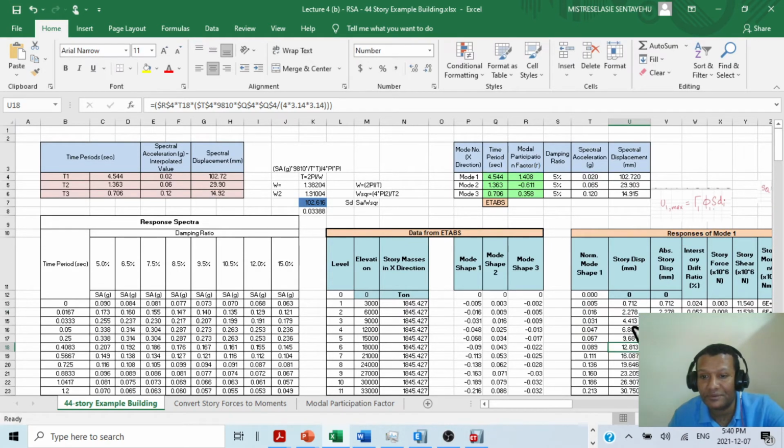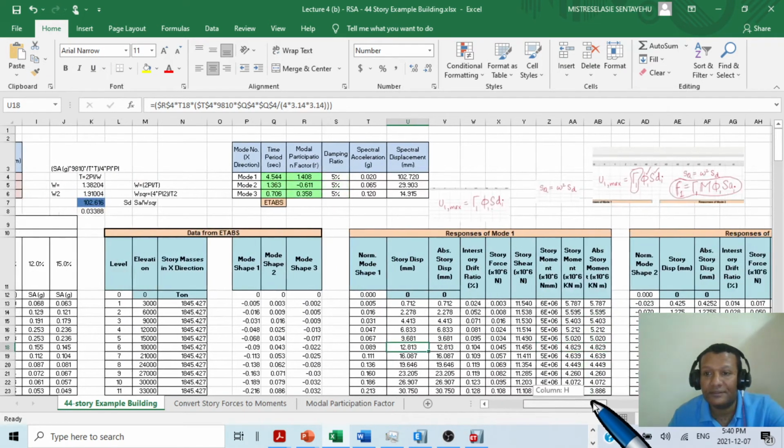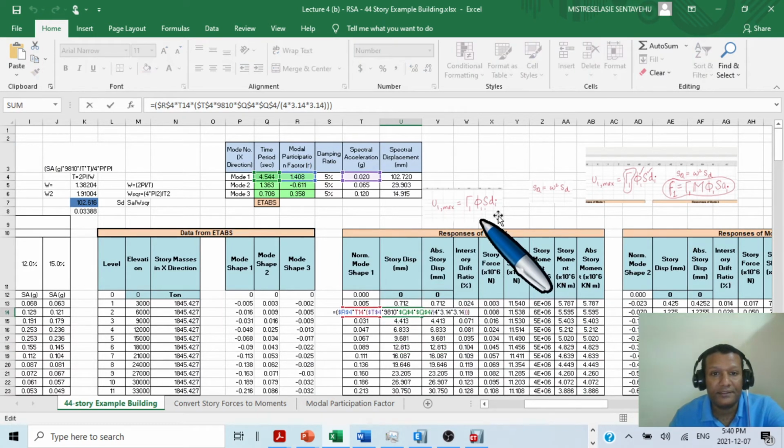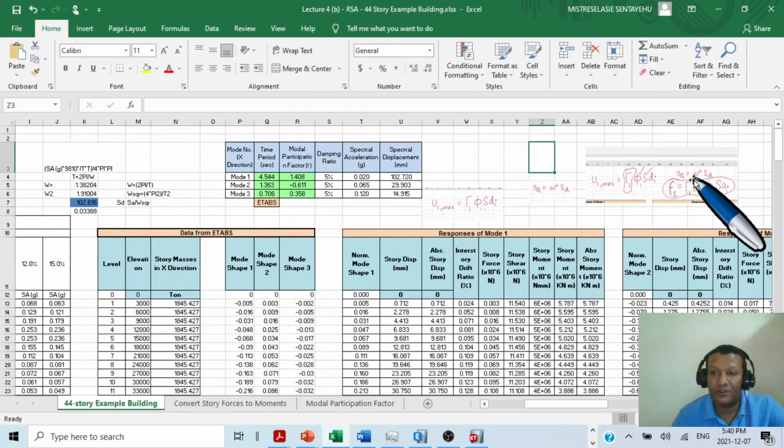Then story displacement can be discussed like this, or in both ways it is the same, because we have spectral acceleration also, 2 pi over T also w, so SA over (2 pi over T) square is also a story displacement.